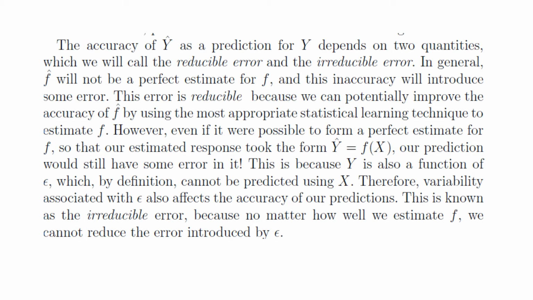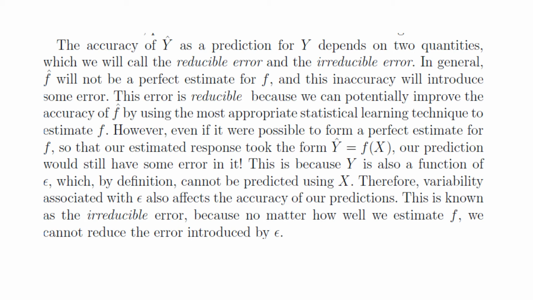However, even if it were possible to form a perfect estimate for f, so that our estimated response took the form Ŷ = f(X), our prediction would still have some error in it.